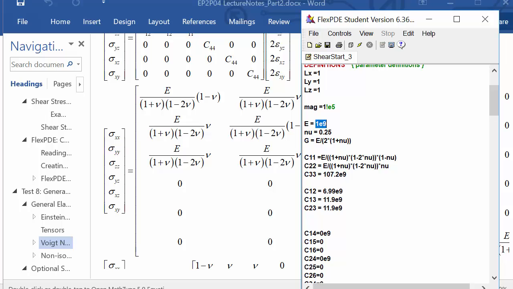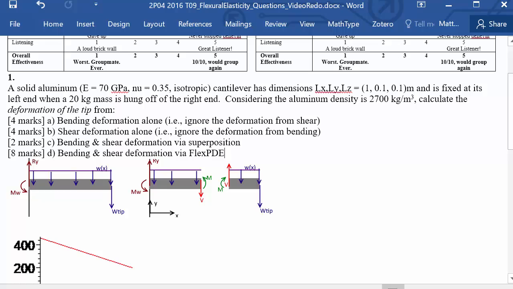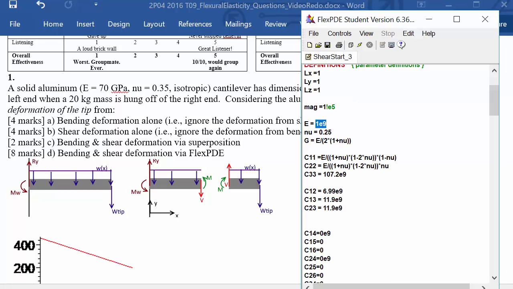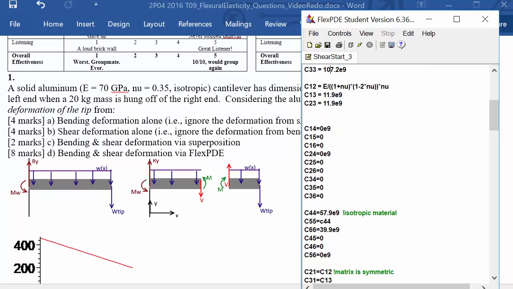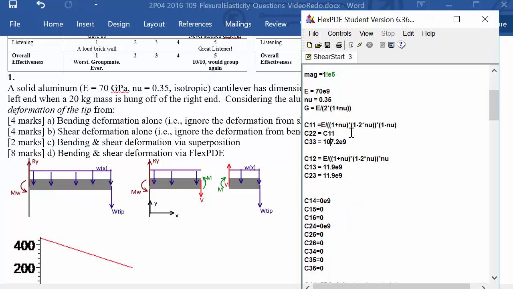So let's go back to the test here and see what we had. We had 70 gigapascals, 0.35, and there we go. Okay, so I subbed this into the wrong spot. So that should actually be C12, the diagonal component here. So this is C11, and this one here, C33, is also C11.